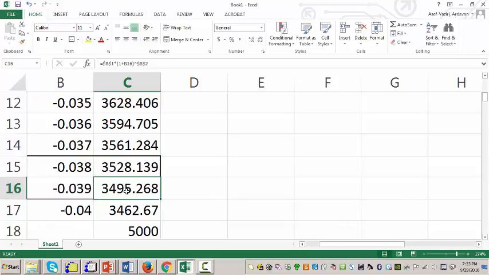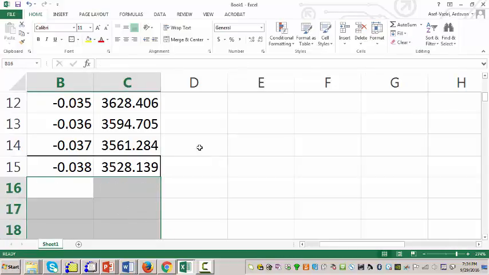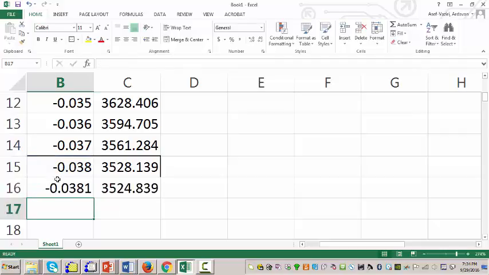If you want more precision, then I come here, again delete these numbers, clear it, and then I say instead of going by negative 0.001, do it 0.001. And that is from 3.8 will go to 3.81.